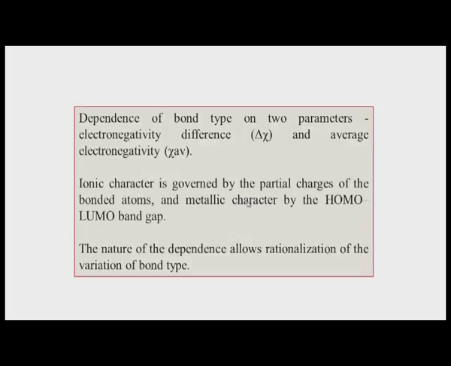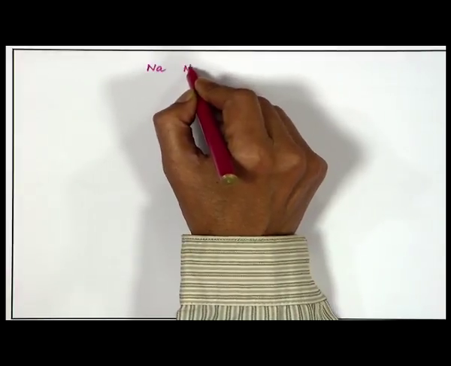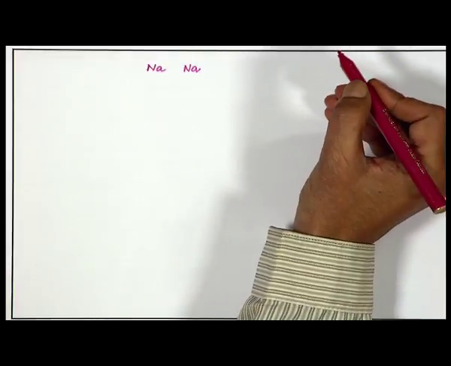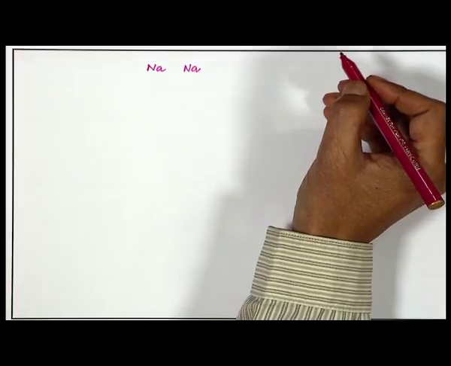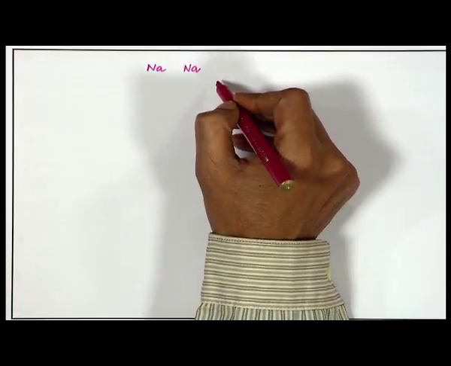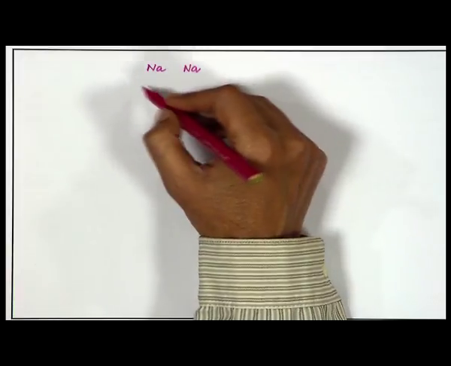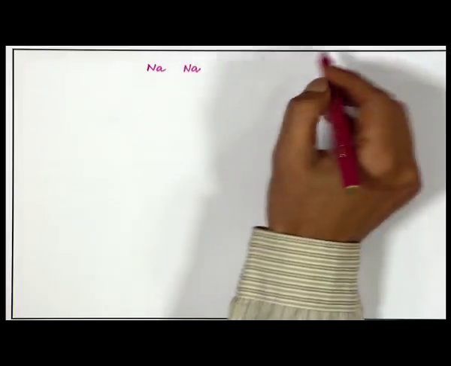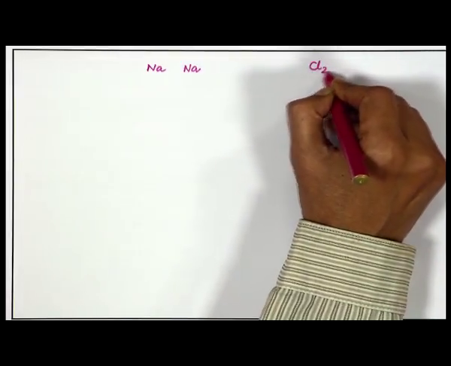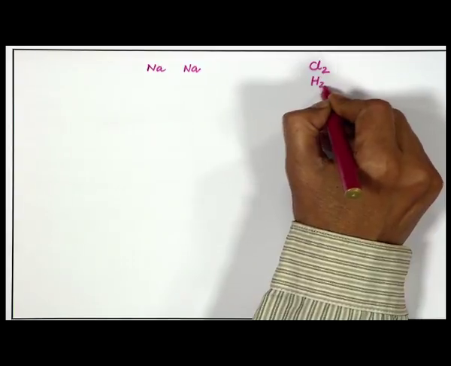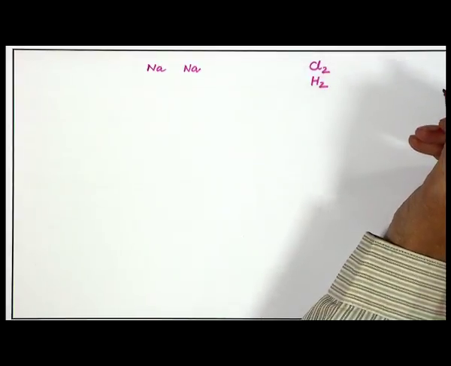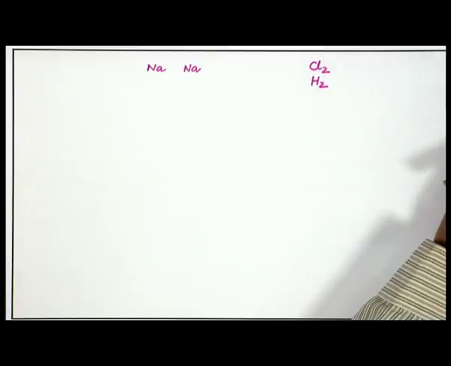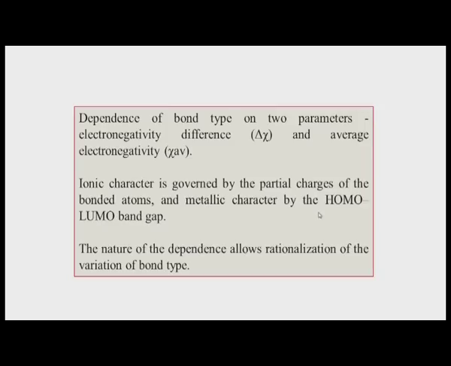That means, if we have sodium and side by side another sodium is also there, that means metallic sodium. There again you do not have much difference in the electronegativity. So, we get something, but which is not of the type which we get in the case of Cl2 or H2, the hydrogen molecule or the chlorine molecule. But here this typical metallic character will be governed by the highest occupied molecular orbital.